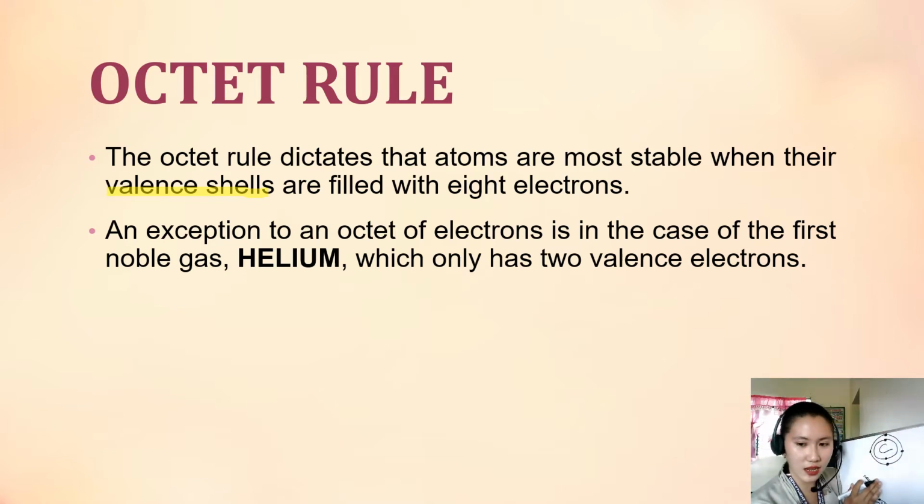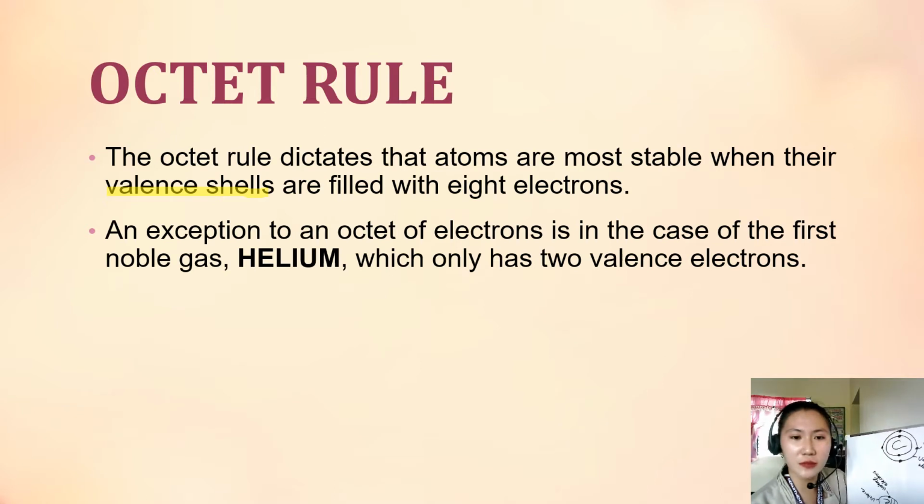Okay, so 6 electrons present sa carbon. So, yung valence shell niya, ito. Valence shell. Okay? So, ito naman is the valence electron.